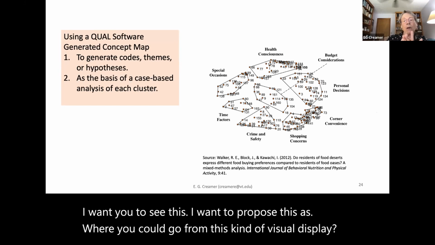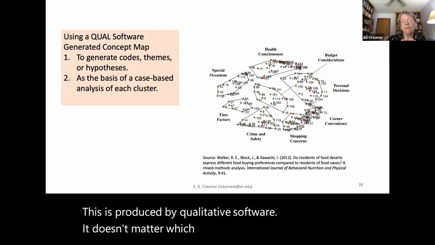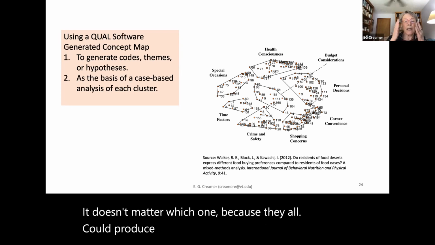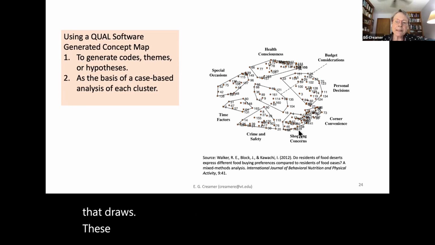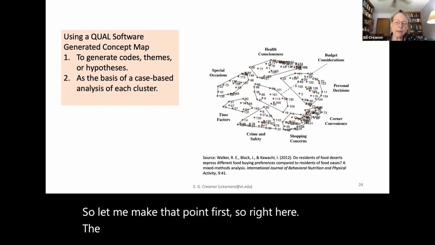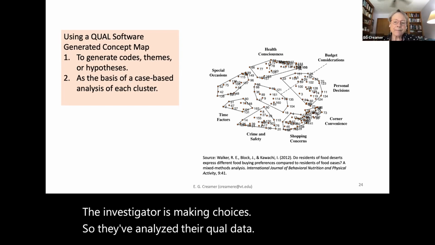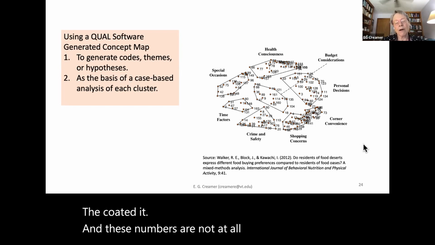This is produced by qualitative software. It doesn't matter which one because they all could produce these kinds of maps. And you, the researcher or the investigator, is the one that draws these shapes. So let me make that point first. Right here, the investigator is making choices. They've analyzed their qual data, they've coded it, and these numbers are not at all what you think they are.